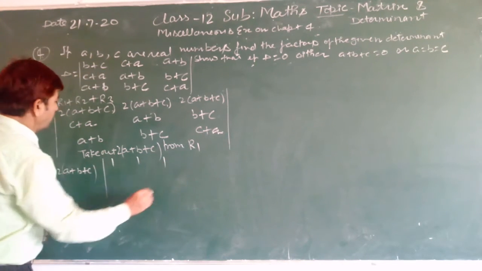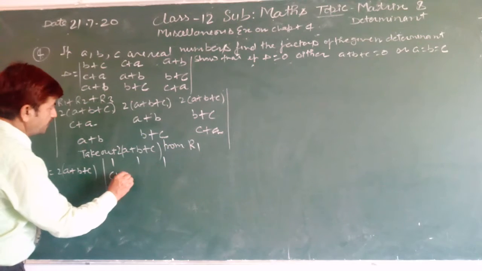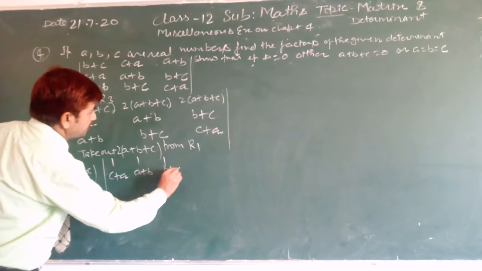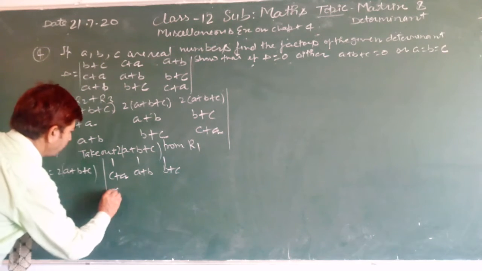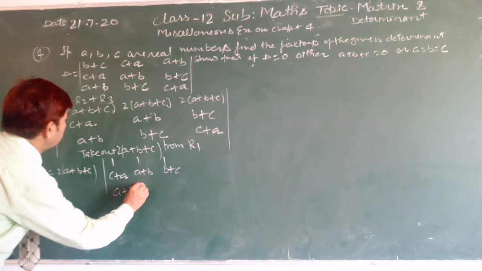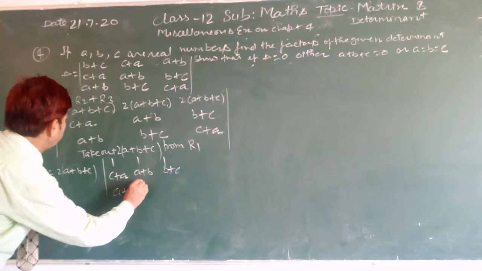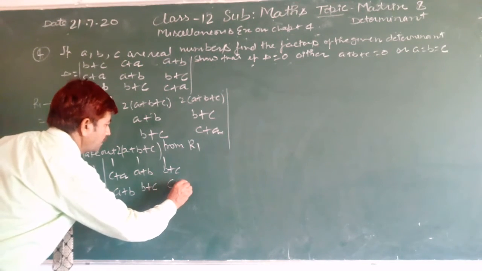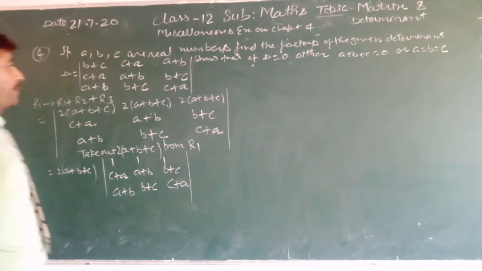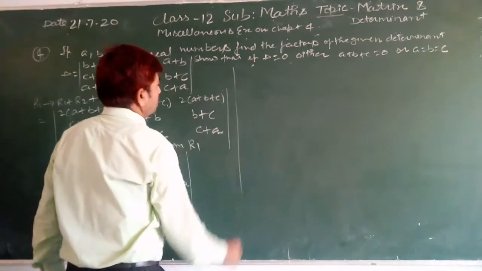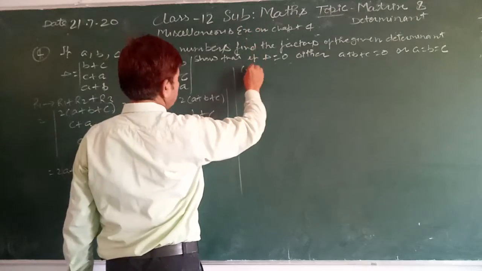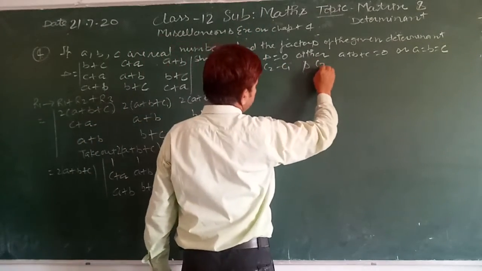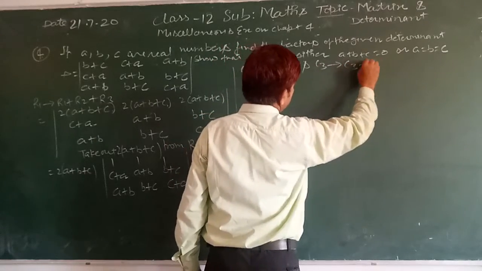1, 1, 1, C plus A plus B, B plus C, A plus B, B plus C, and C plus A. Now, on operating C2 goes to C2 minus C1 and C3 goes to C3 minus C1.